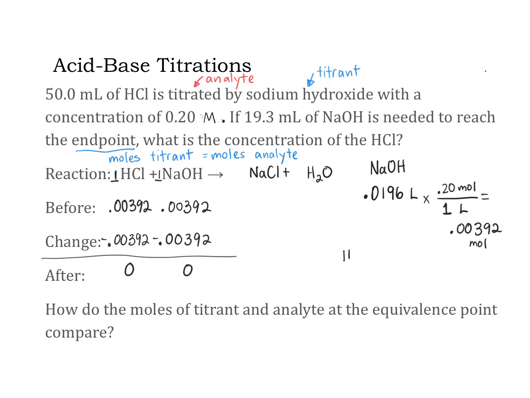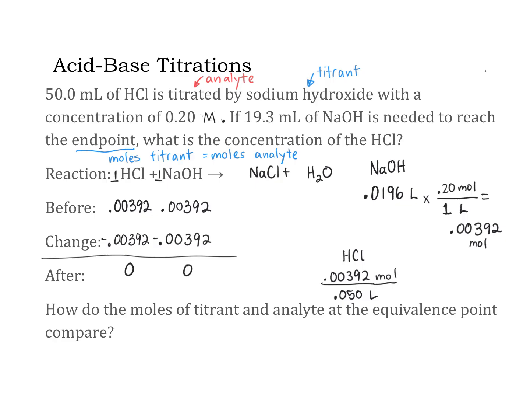So now we're going to deal with the HCl. Now we know that we have 0.00392 moles of HCl. And we were, in this case, given the volume of HCl, and we want to know the molarity. So moles divided by liters will give us moles over liters, which is molarity. Sorry, I accidentally put a multiplied sign I didn't need.